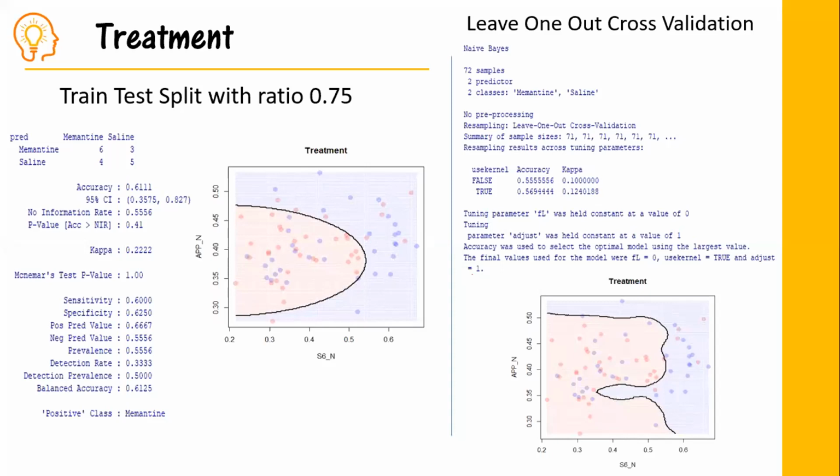I'm just curious how it actually draws the boundary, because you leave one out, so you will have many predictors, right? I think maybe it uses all the observations, so maybe the shape will be quite weird.